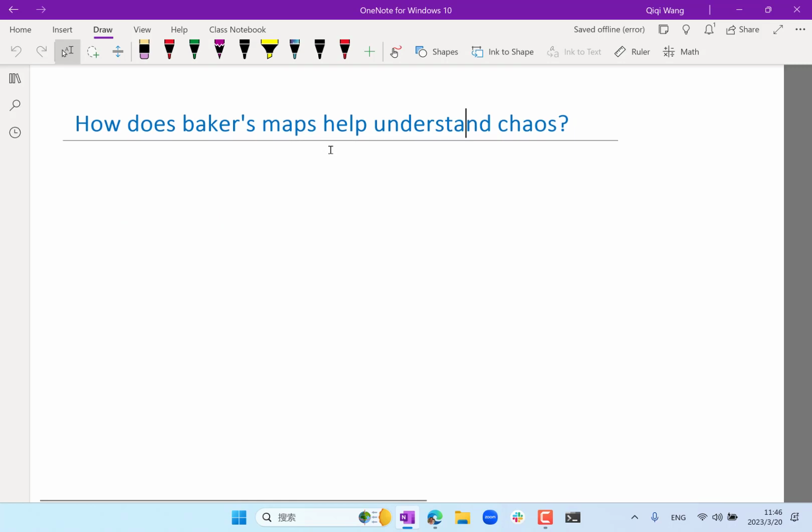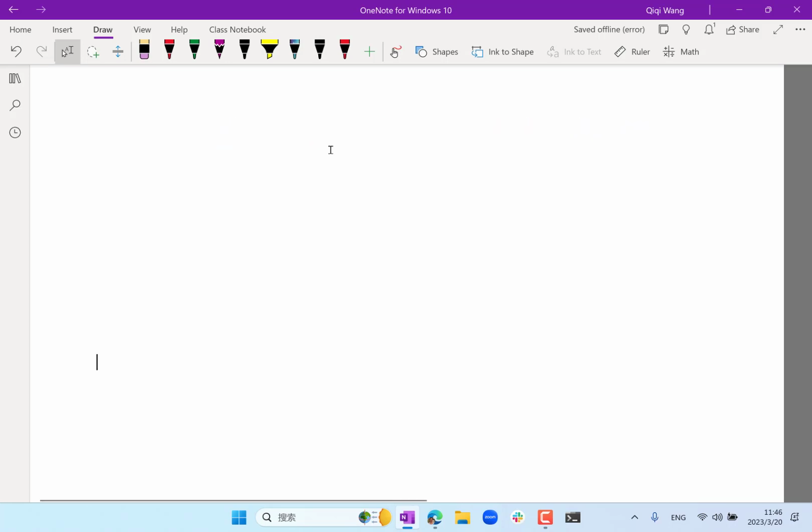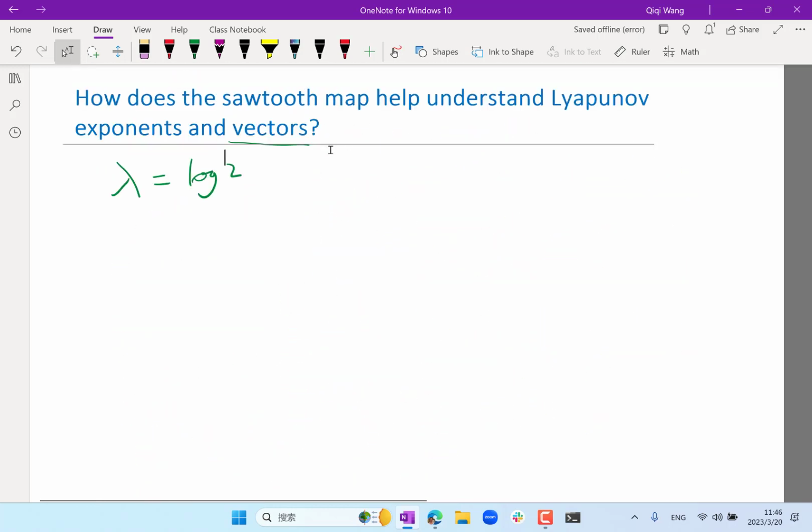Let me say a little bit more about the sawtooth map. The Lyapunov exponent in a chaotic system is really like the rate at which information gets generated and gradually forgotten. You can think about what the sawtooth map does: for every iteration, the less significant bit in the binary representation becomes one place more significant.